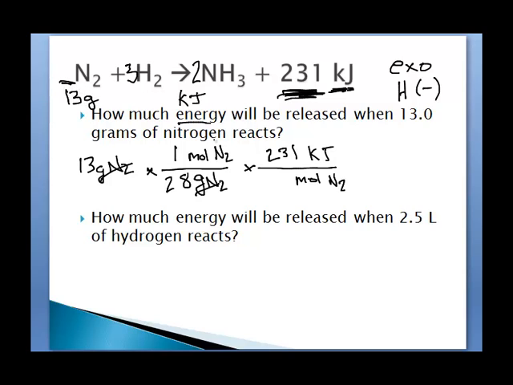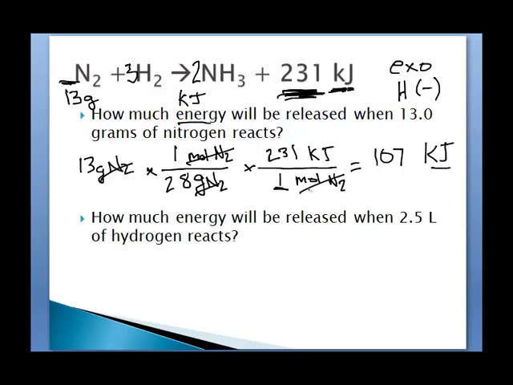You get that value from the coefficient in the reaction. And remember, if there's no coefficient written, it's implied that it's a 1. So our moles of nitrogen will cancel, and then when we do the math, we should get 107 kilojoules, which will be our unit for energy.